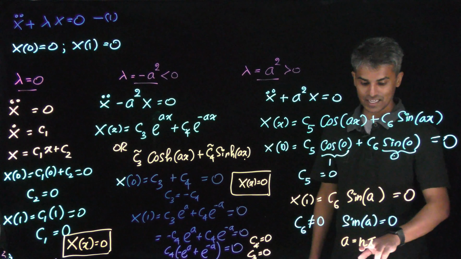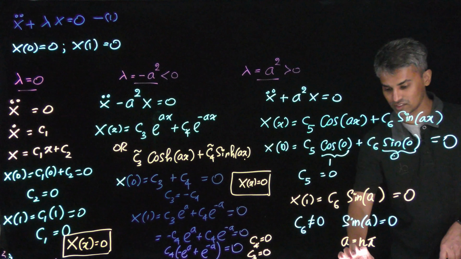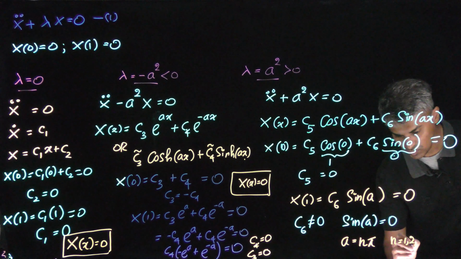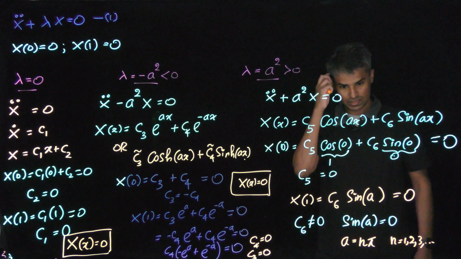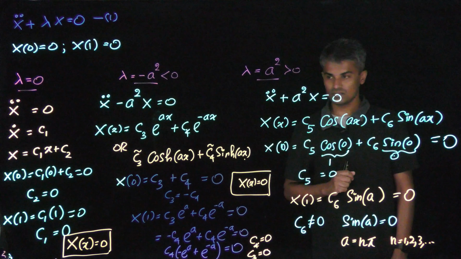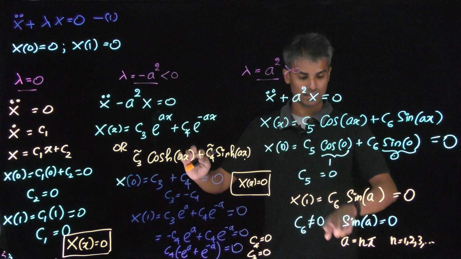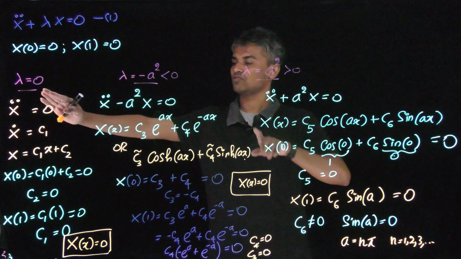So I denoted that scalar using n pi, and here my n goes from 1 up to infinity. Okay. Great. By the way, if n equals 0, then we have a equals 0, therefore we have the first case.